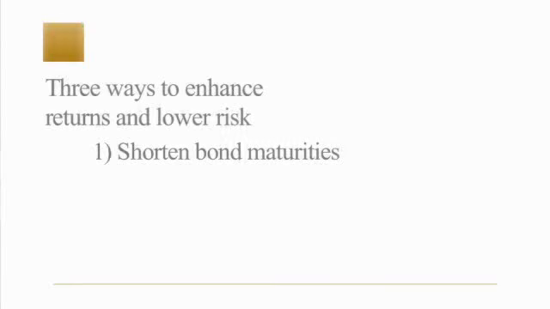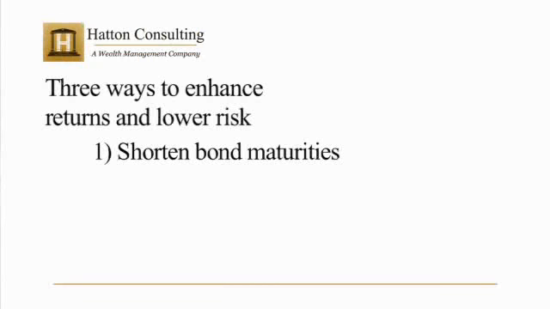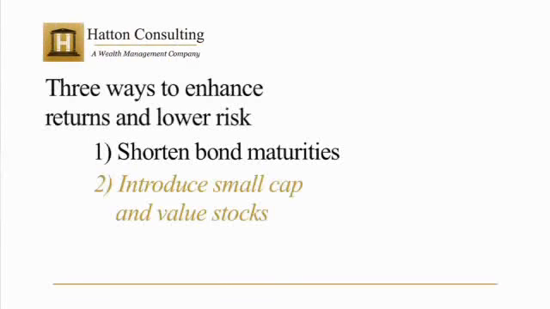The first thing we can do is to shorten the average maturity of the bond portfolio to reduce the risk or volatility of the portfolio. And academic evidence shows that short and intermediate term bonds deliver essentially the same return as longer term bonds, but with lower risk.